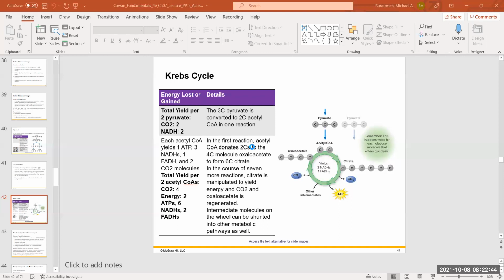It is known collectively as complex 1. Complex 1 is going to accept protons and electrons from NADH, and it gives those electrons to coenzyme Q10.